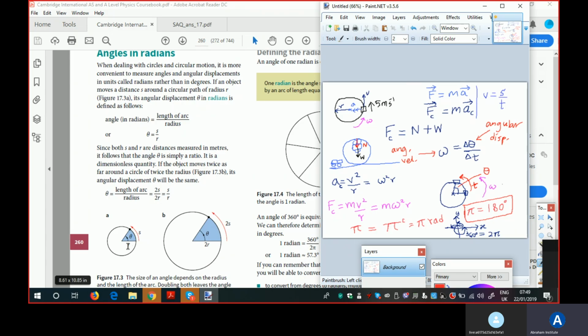So you see that here, the angle in radians, that is, let's say theta. Okay, theta in radians is equal to S divided by R. S is the arc length and R is the radius. So the arc length divided by the radius is equal to the angle in radians. We can also say S is equal to R theta.